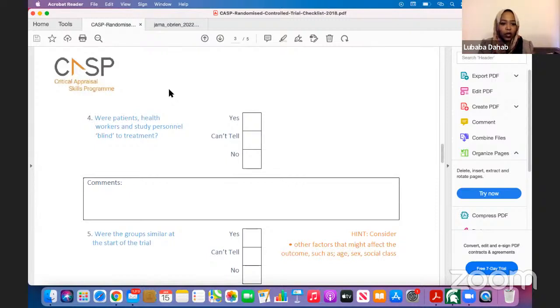For example, if in a household there are 5 or 6 contacts of a positive patient, they are blinded as well. We don't know who received the placebo and who received the intervention. So within the household, the healthcare worker, and the participants themselves, it is randomized. We can say yes to this question as well.